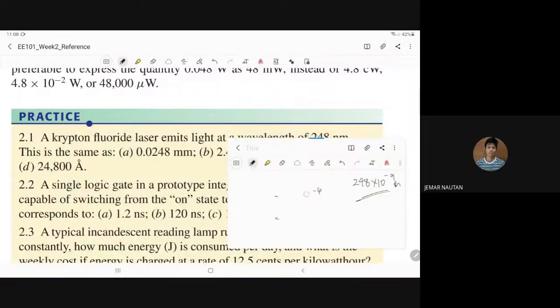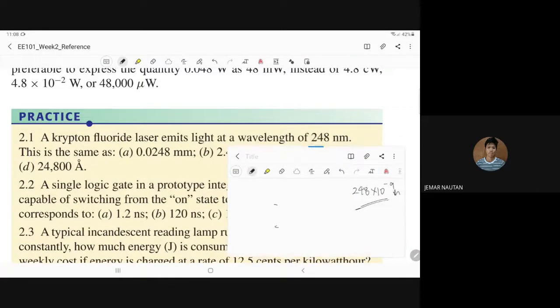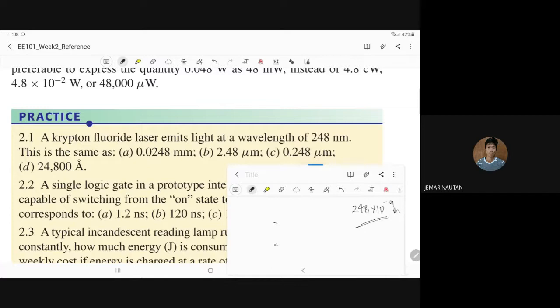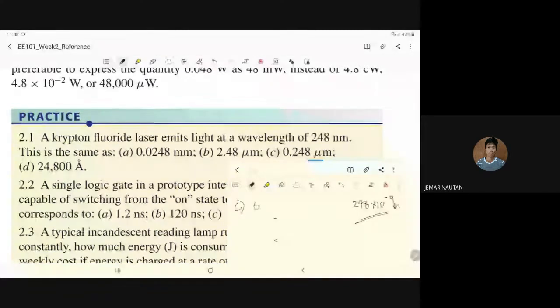Okay, so let's proceed to Letter C, answer. So, let's evaluate letter C. We have here 248 times 10 negative 3 equals 0.248 micrometer. Pila man ni initially? 0.248 times 10 to the power of, pila man ang micro?